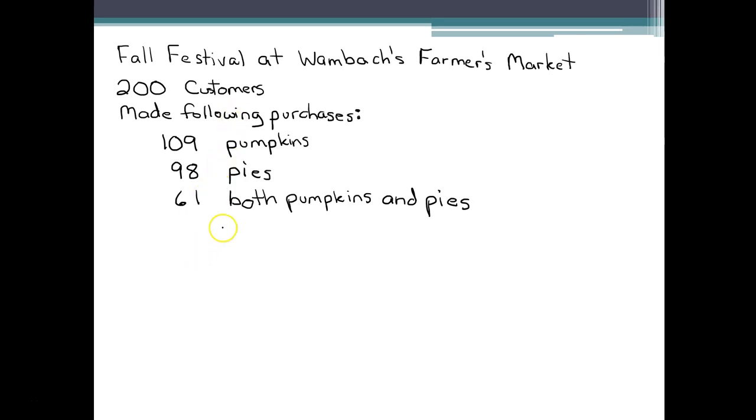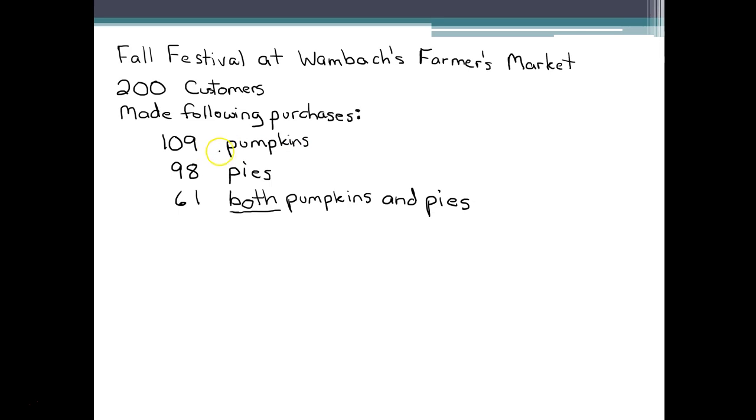Looking at it even more carefully, notice they tell us that 61 purchased both pumpkins and pies. But they don't tell us that 109 purchased pumpkins only, and they don't tell us that 98 purchased pies only. They just added up how many people purchased pumpkins and got 109.